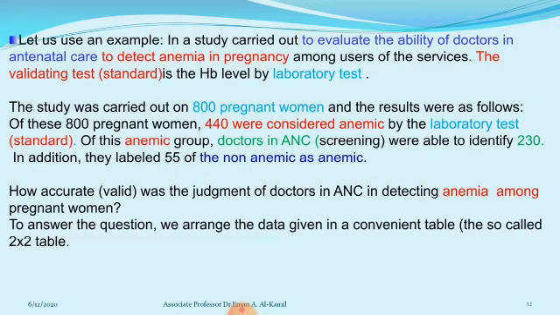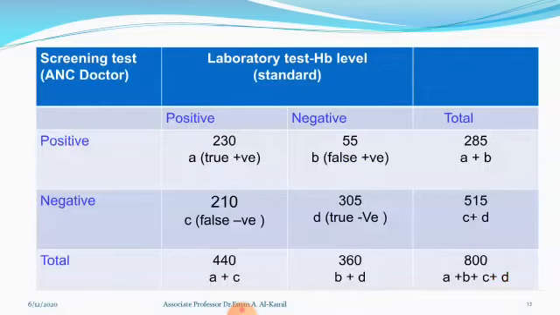So, how accurate or valid was the judgment of the doctor in the antenatal care in detecting anemia among pregnant women? To answer the question, we first construct a 2 by 2 table. According to the standard test, the laboratory test, we have positive and negative columns, and for the screening test, the antenatal care, we have the rows, positive and negative.